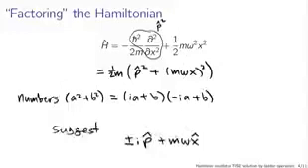Now x, the position operator, just entails multiplying by x, so perhaps I should put a hat here, perhaps I shouldn't. Doesn't really matter. This is what we're considering now. I haven't justified this in any way beyond saying it kind of looks like maybe it would factor. Well, does it factor?